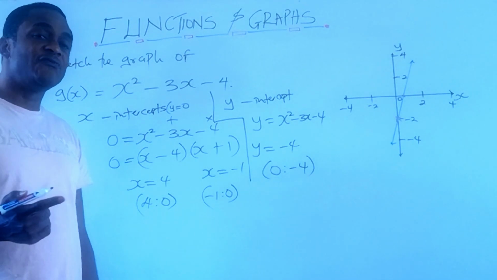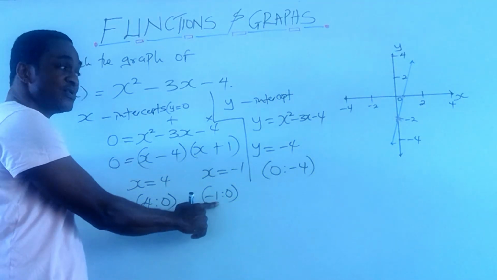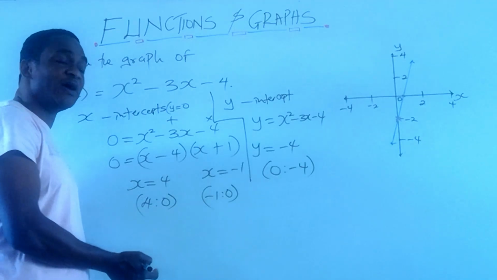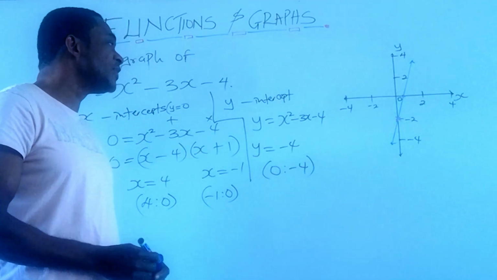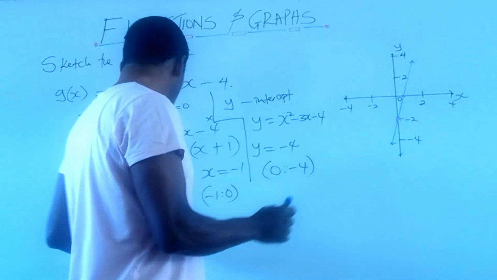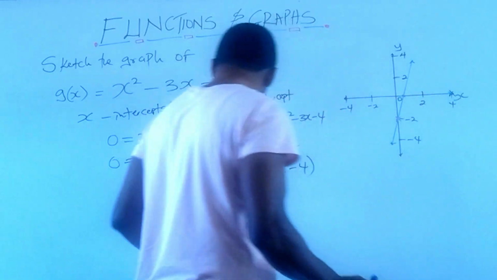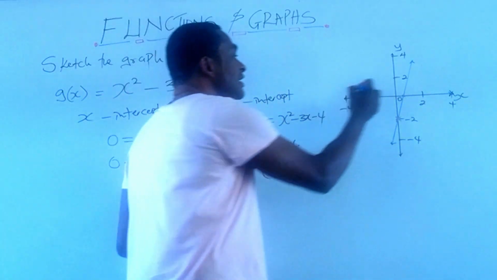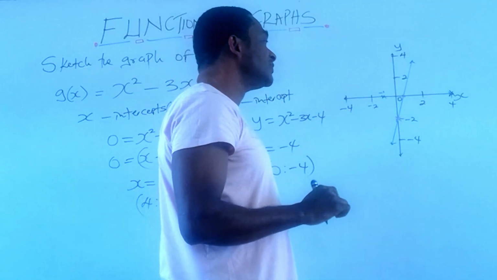We have 2 ways of finding the turning point. Add these 2 and divide by 2. Or better still, go pick up your points on the graph. Let's use that approach. I have x equals 4, so I'll pick up 4, and x equals negative 1, I'll pick up negative 1. Now start counting.